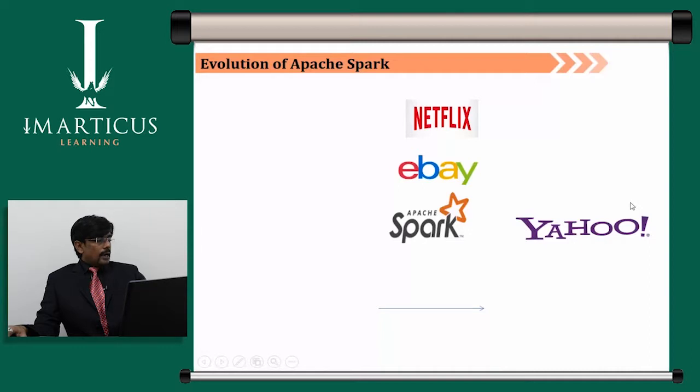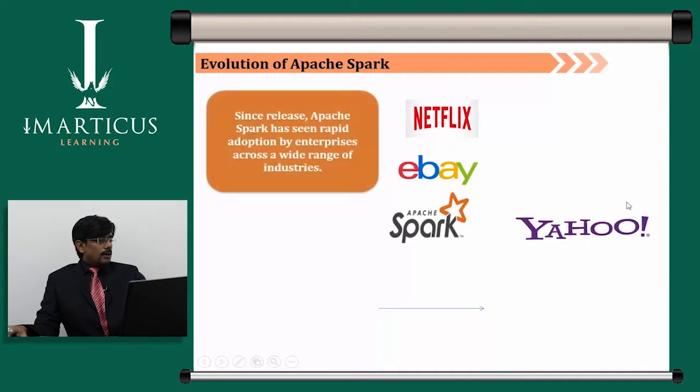So how did Apache Spark evolve? Apache Spark has received a lot of attention from enterprises, and a lot of companies are using it right now, which is very helpful to them.